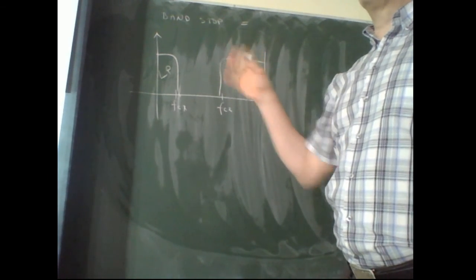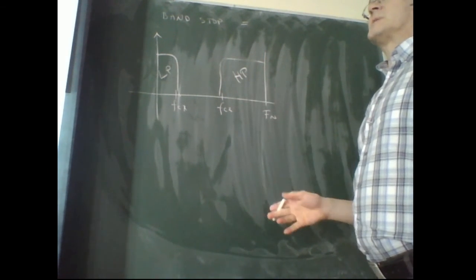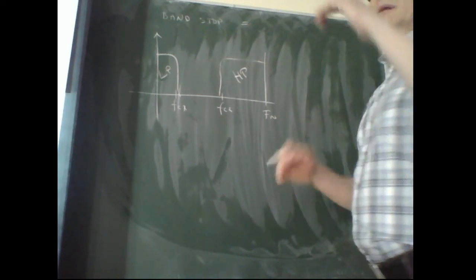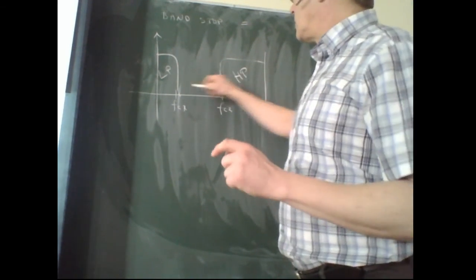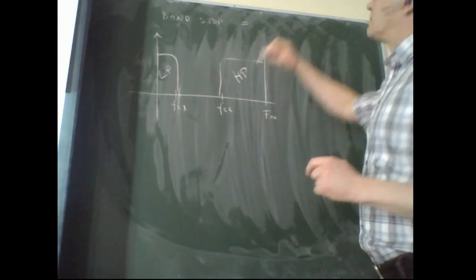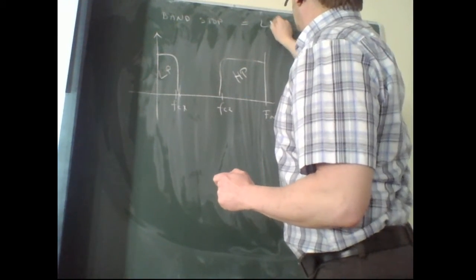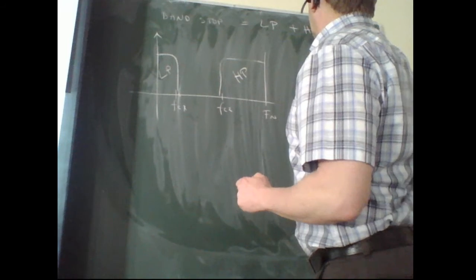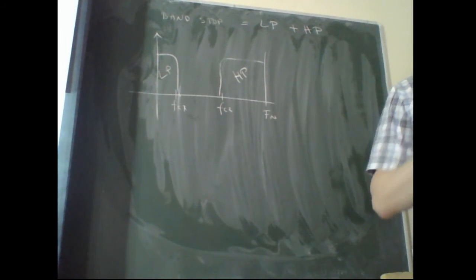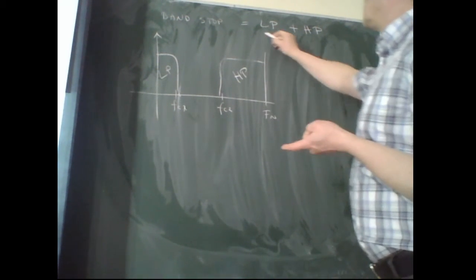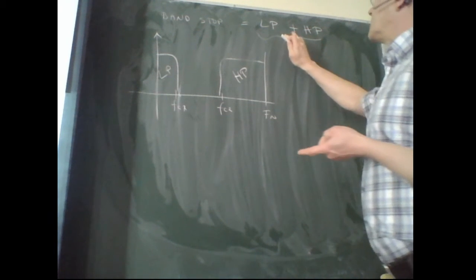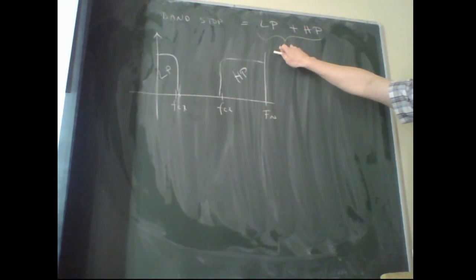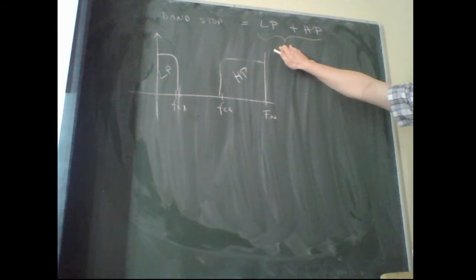If you add filters together, basically it means that they are parallel. One is passing the low pass path and one is passing the high pass path. Low pass plus high pass. Just a reminder, to make it easier to add these filters together, both systems should have the same order number.